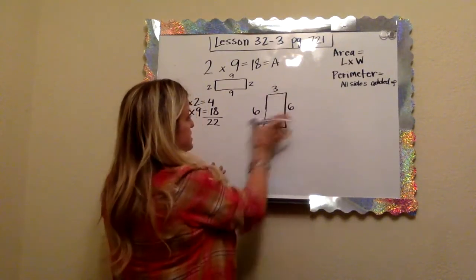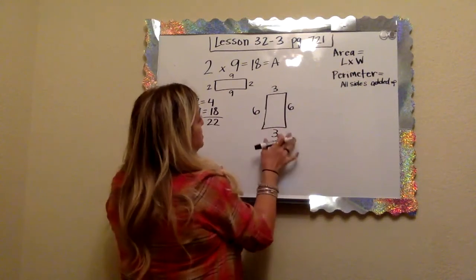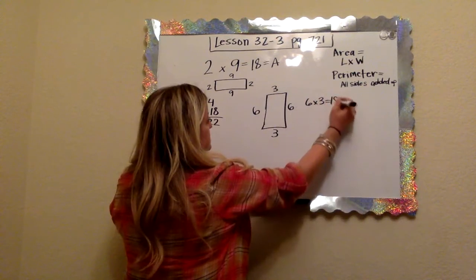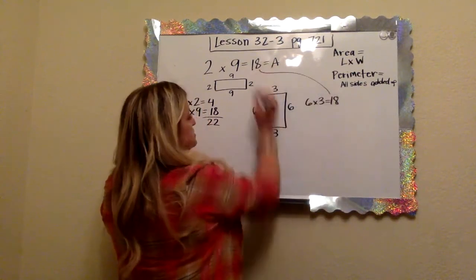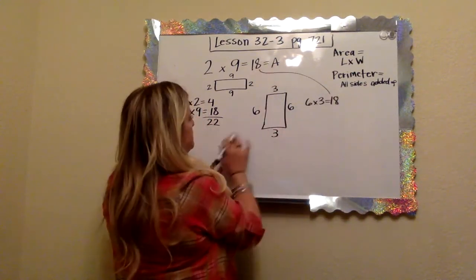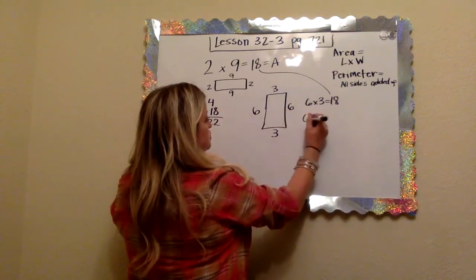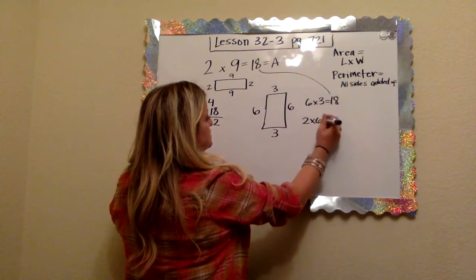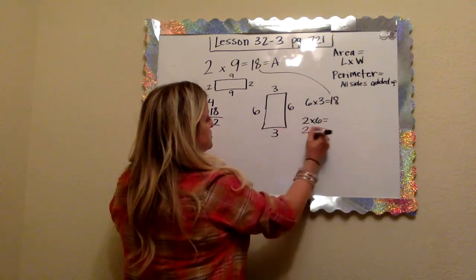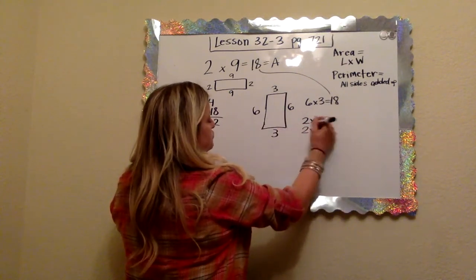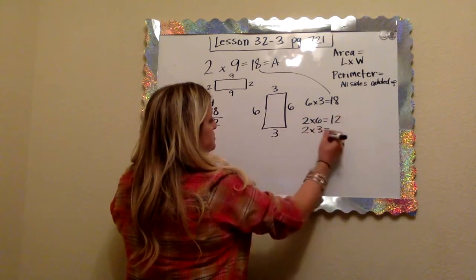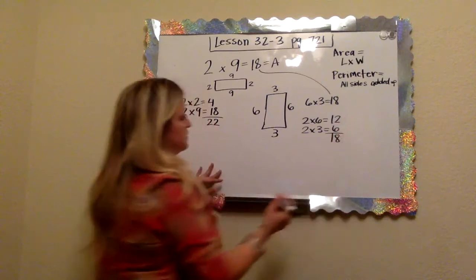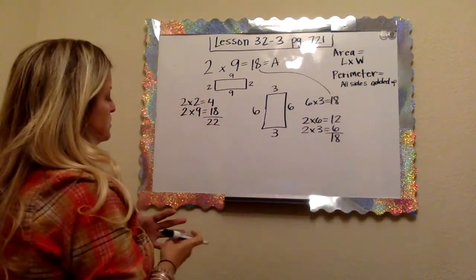Opposite sides are the same length. I know 6 times 3 is my area and that's 18. So my area matches, but my perimeter is going to be different. It's going to be 2 groups of 6 and 2 groups of 3. 2 groups of 6 is 12, 2 groups of 3 is 6. 6 plus 12 is 18.